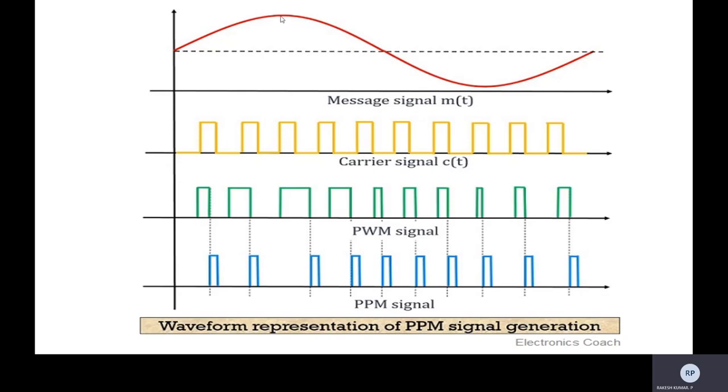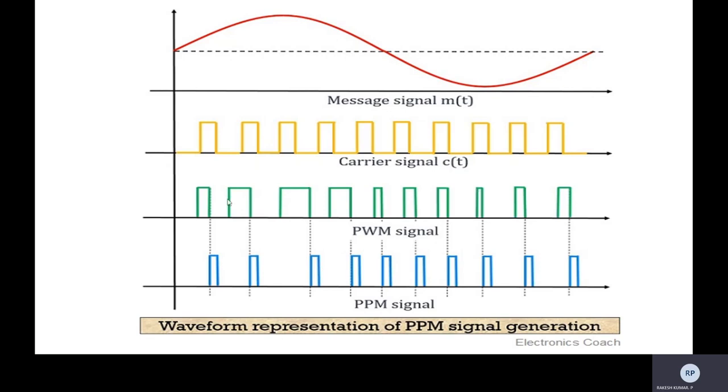Whenever the amplitude of the message signal is very high, at that location the width of the pulse should be more, and similarly wherever the amplitude of the message signal is very little, we will get a very small pulse. So depending upon the amplitude, the pulse width is varying.